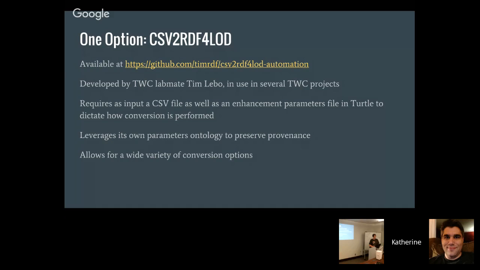But basically, the base use case is to convert a CSV file into RDF. It can do a naive transformation of that, or it can do what's called an enhanced transformation to produce more complex RDF.